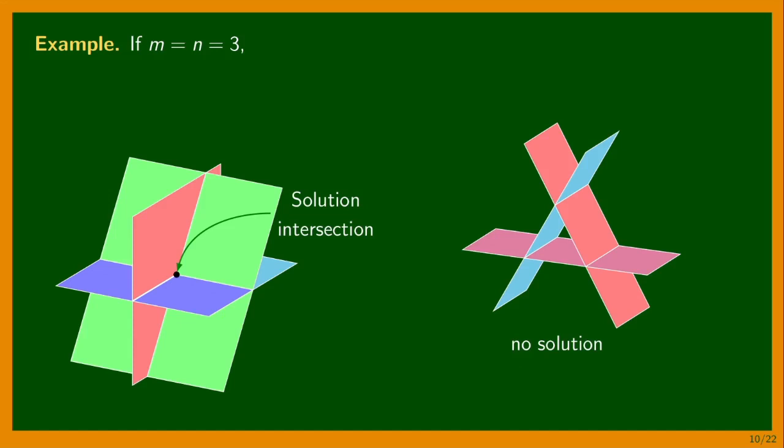Now it is even possible for a 3 by 3 linear system to have infinitely many solutions. I don't have a picture for it, but let me try to draw it for you. For example, when they intersect this way, I don't know if I can do it justice. I think we can draw it this way. Can you imagine the picture?